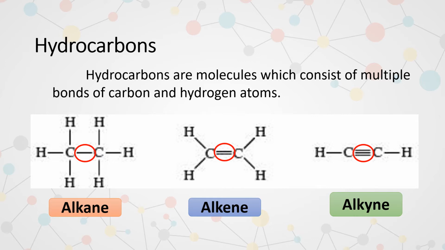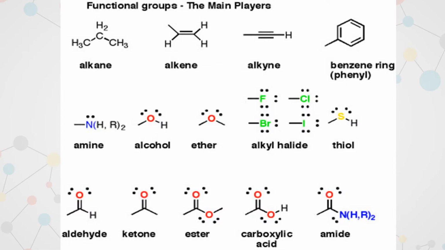Aside from hydrocarbons, we also have benzene ring or phenyl. We also have amine. So aside from carbon, it has nitrogen. We also have alcohol. Aside from carbon, it has oxygen and also hydrogen. We also have ether.